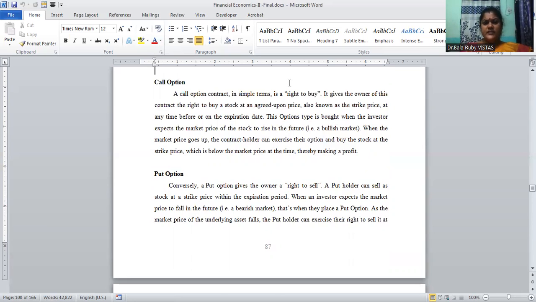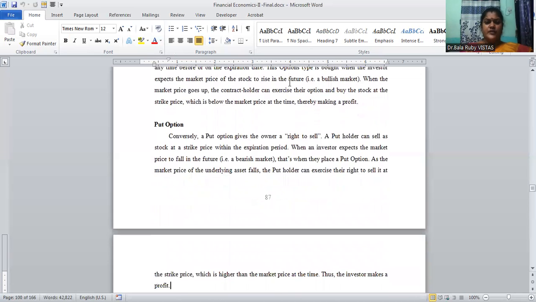This option type is bought when the investor expects the market price of the stock to rise in the future. When the market price goes up, the contract holder can exercise their option and buy the stock at the strike price, which is below the market price at the time, thereby making a profit.